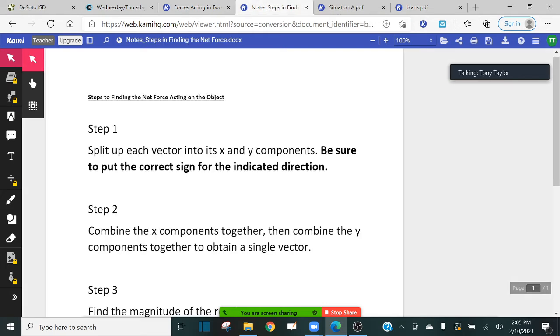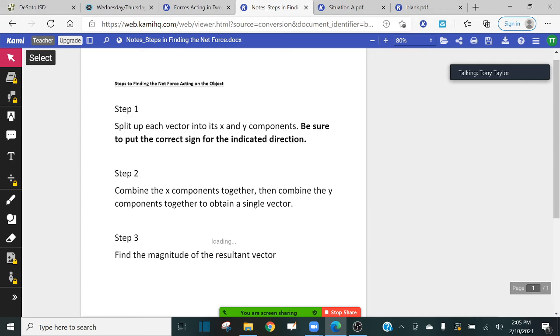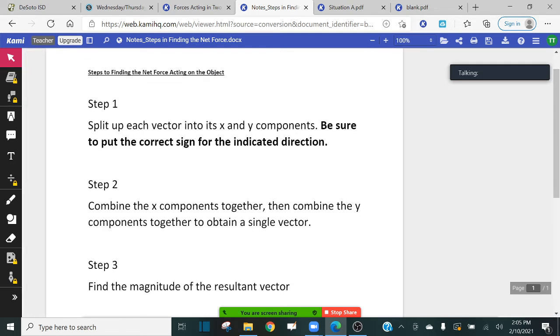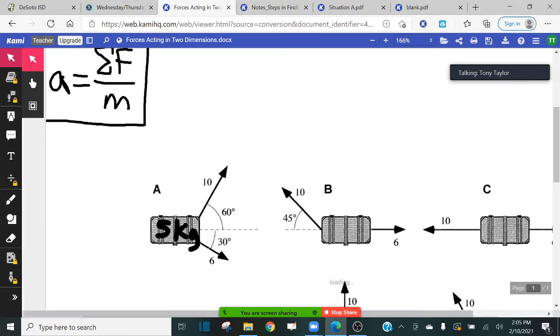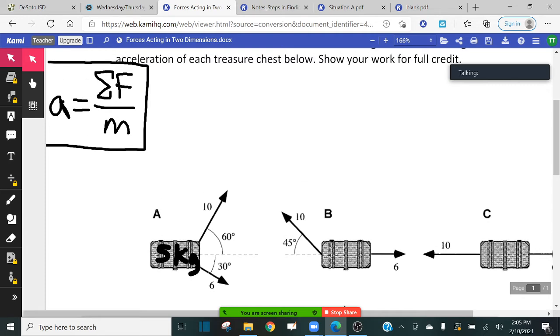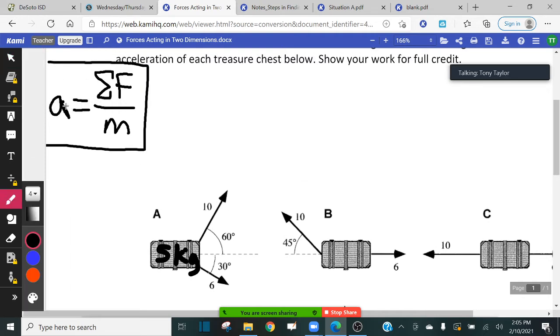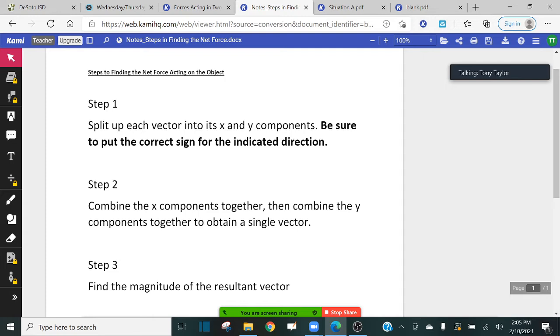In order to do that, guys, this is where the 3 steps come in. Before you can even begin calculating acceleration, you need to solve for the sum of the forces first. So guys, I've given you 3 steps for how to solve for the sum of the forces. That's these 3 steps right here.